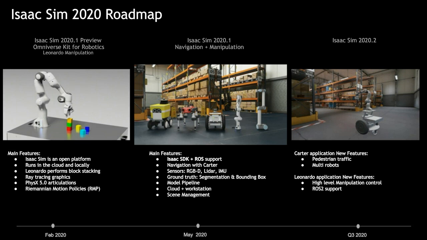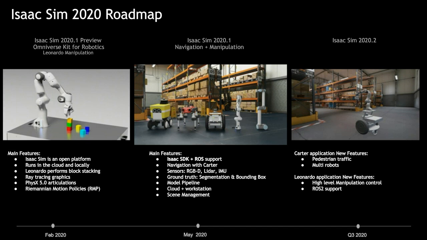It was built based on Isaac Sim. The Leonardo application has the ability to perform this specific stacking blocks task. It features the Riemannian motion policies, or RMPs, so the robots are able to move in a very smooth and lifelike manner and avoid dynamic obstacles.